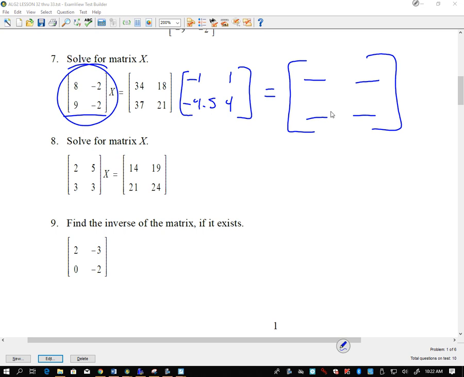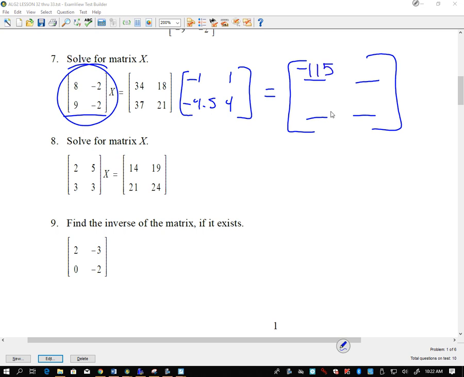That upper left spot is first row, first column, right? So that's 34 times negative 1 plus 18 times negative 4.5. I get negative 115. Okay?